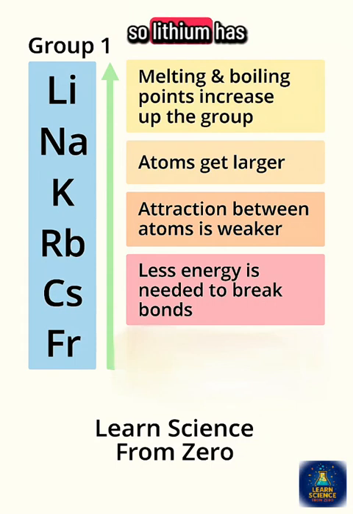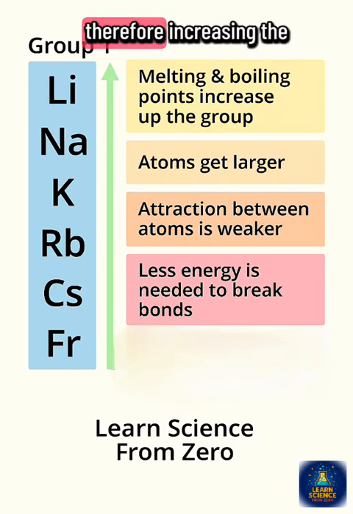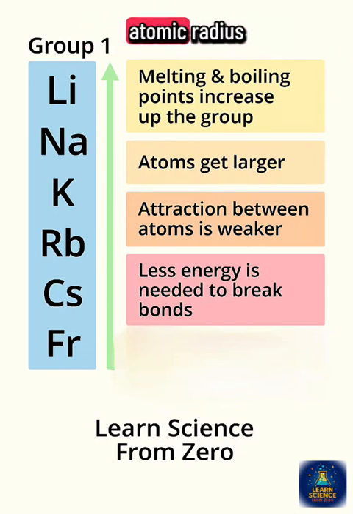So, lithium has the highest melting and boiling point, and francium at the bottom has the lowest melting and boiling point. Why? Because as you go down the group, a new electron shell has been added, therefore increasing the atomic radius. So as you go down, the atoms get larger.